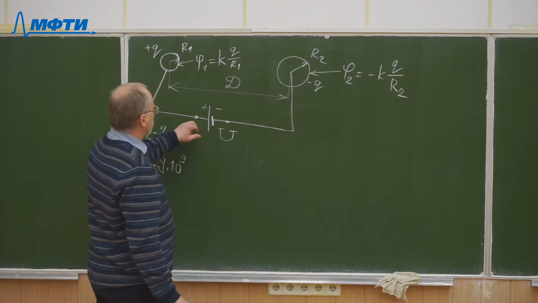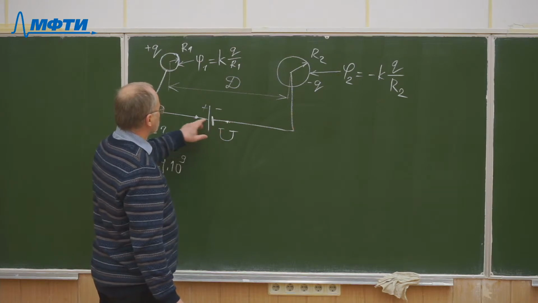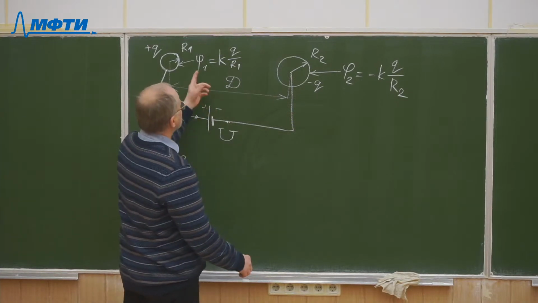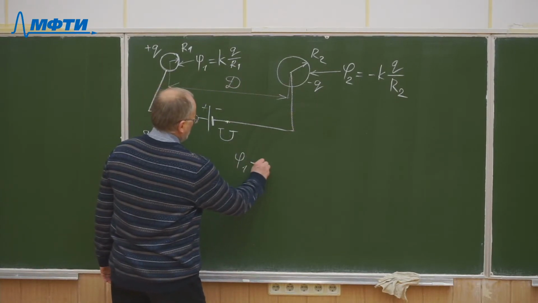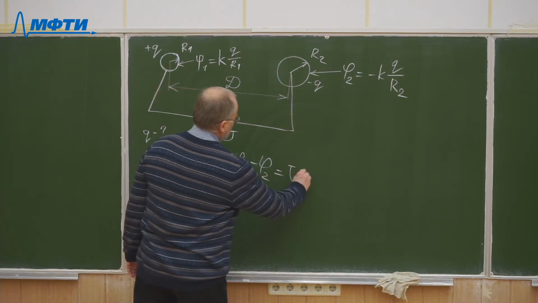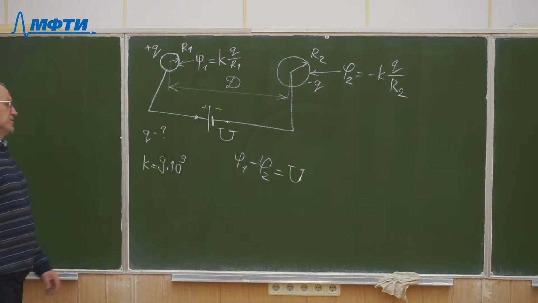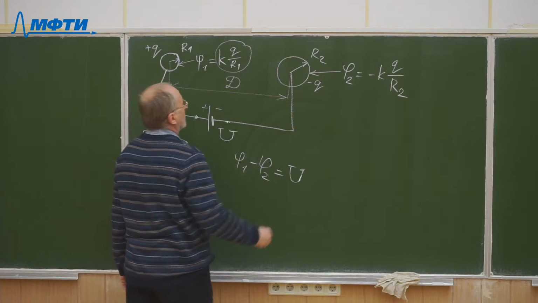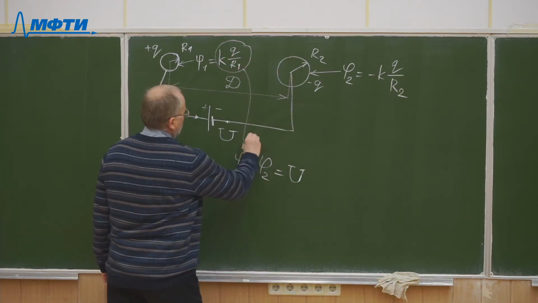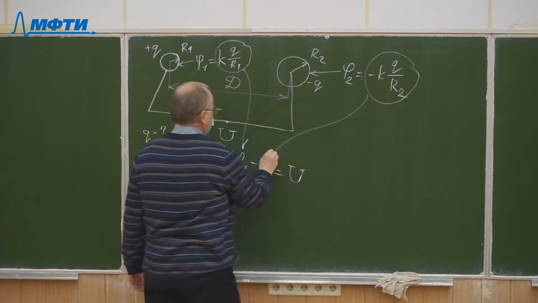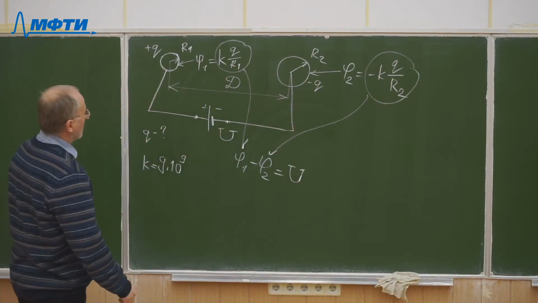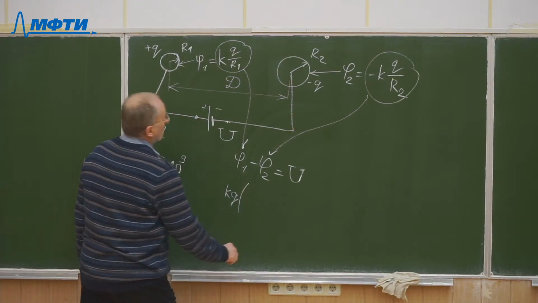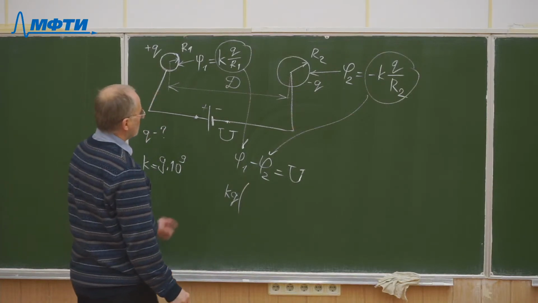And also we know that the external battery, the external source of voltage, creates a potential difference between these two spheres equal to U. So the potential difference Phi1 minus Phi2 must be equal to the voltage of the external source. Substituting these expressions here, we obtain that K and Q will be the common coefficient.